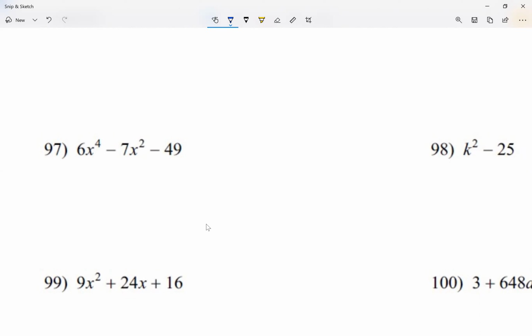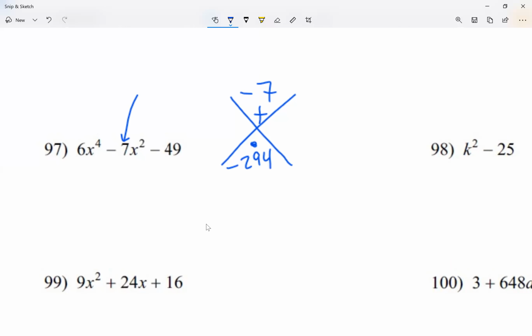So what I'm going to do, I'm gonna do my X thing. People call it diamond sometimes. I'm looking at two numbers such that when I add them, it's gonna equal -7. You guys see where that -7 comes from. But when I multiply them, it's gonna equal -294.